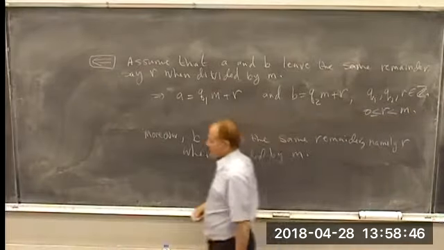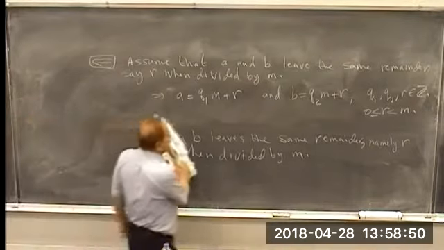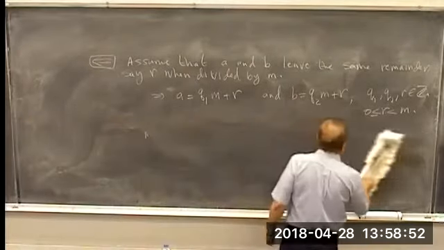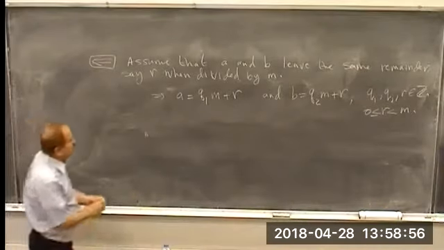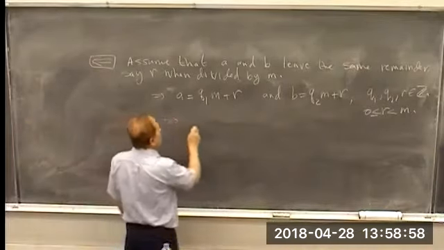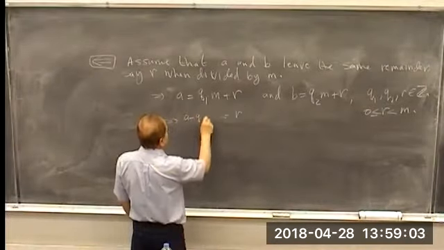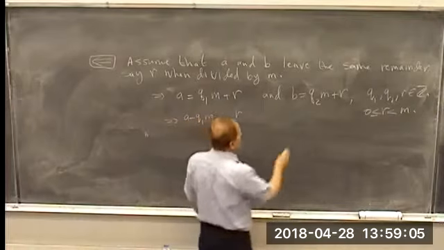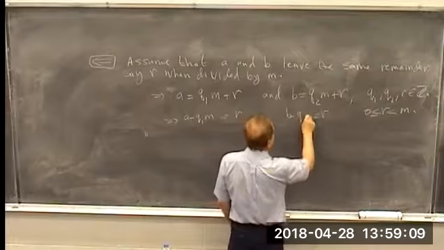Now I need to show that A is congruent to B. Well, when we solve each one of these for R, we obtain R equals A minus Q1M, and R equals B minus Q2M.